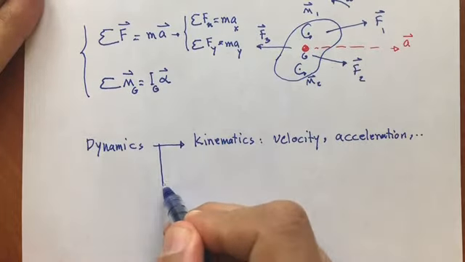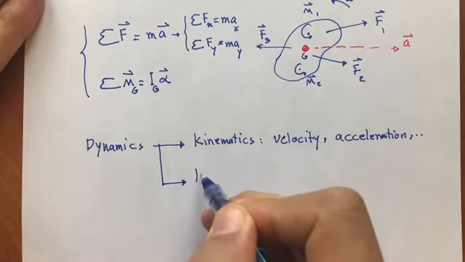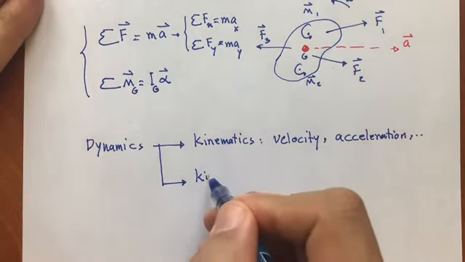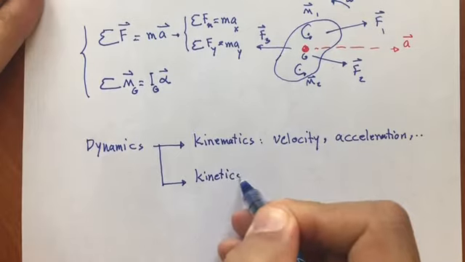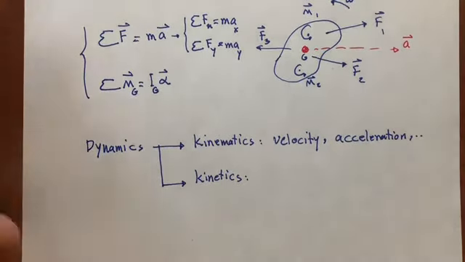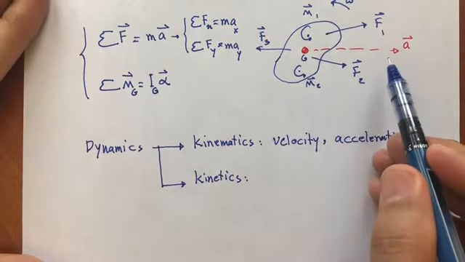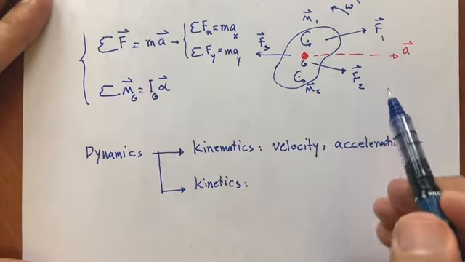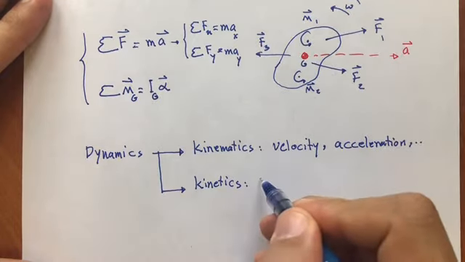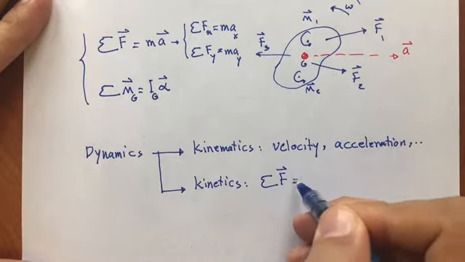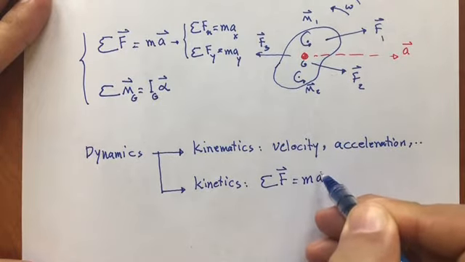But later, we are going to talk about kinetics as well. In kinetics, or some people just call it dynamics, we are going to learn about the relationship between force and kinematics, like acceleration and velocities, which is nothing but Newton's second law: sum of the forces is equal to mass times acceleration.